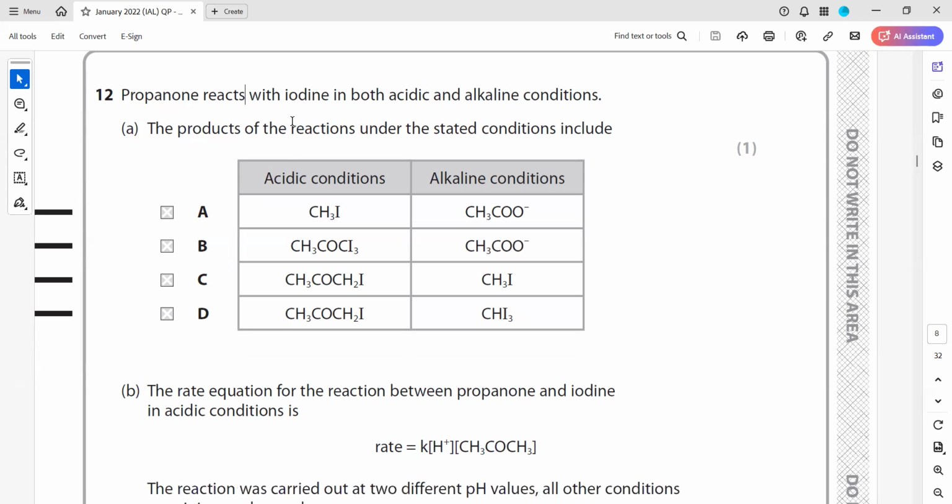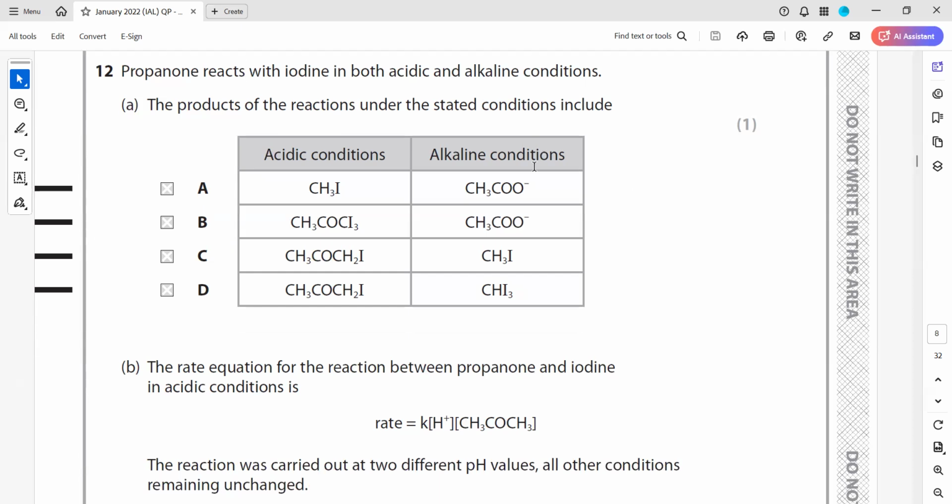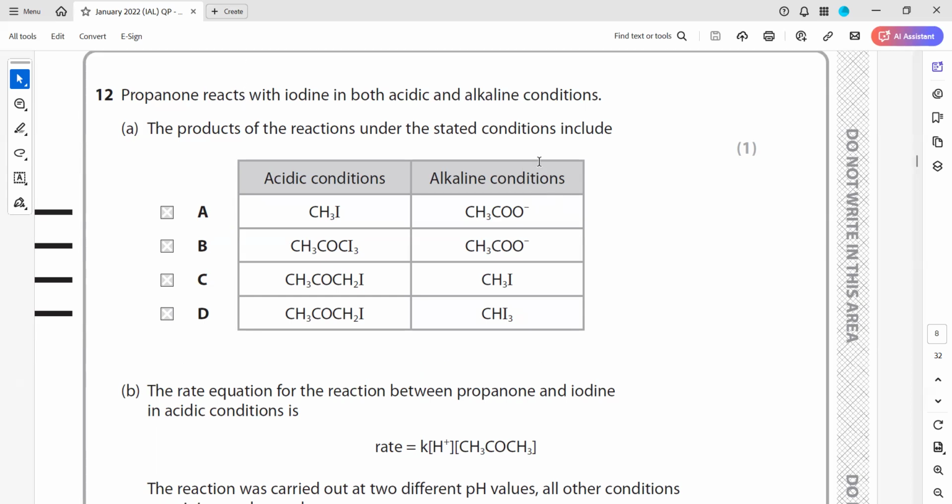In question 12, propanol reacts with iodine in both acidic and alkaline conditions. The product of the reaction in acidic condition and in alkaline condition, it will produce triiodomethane. And I think D will be the answer. Question 12.